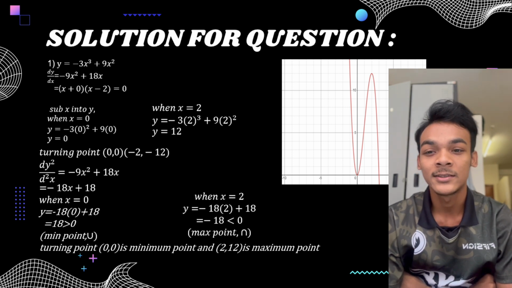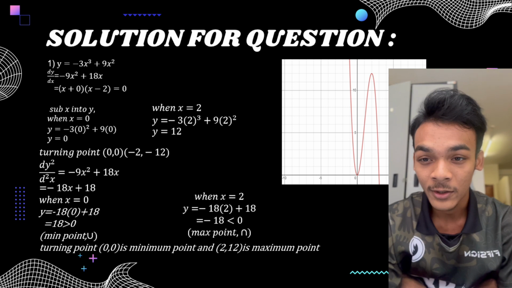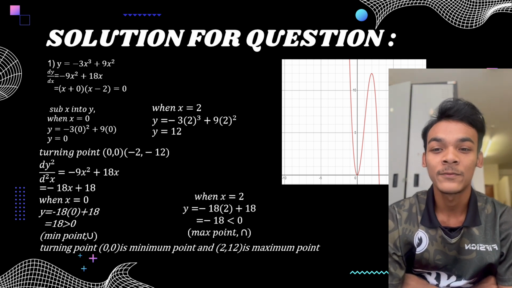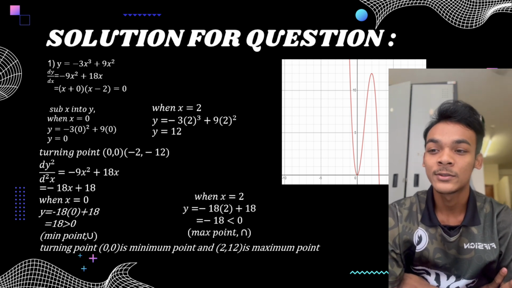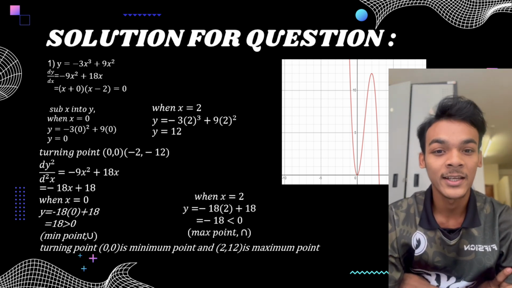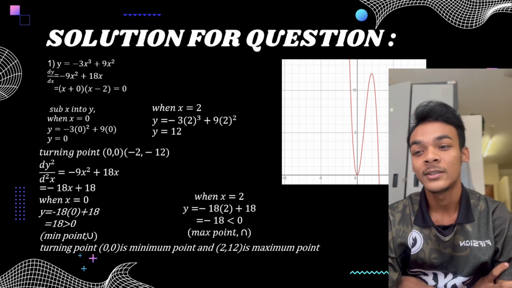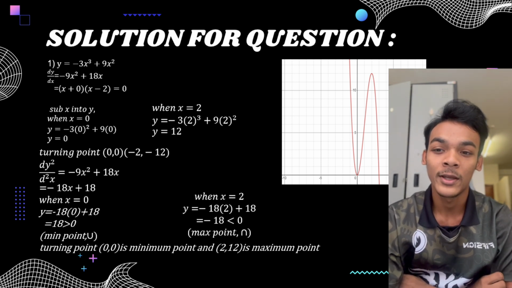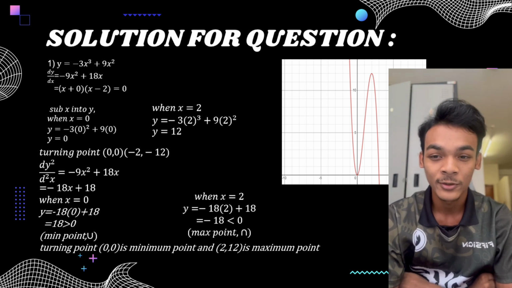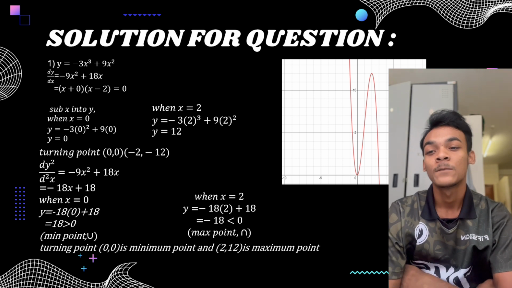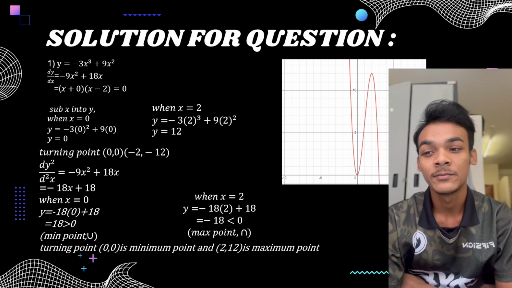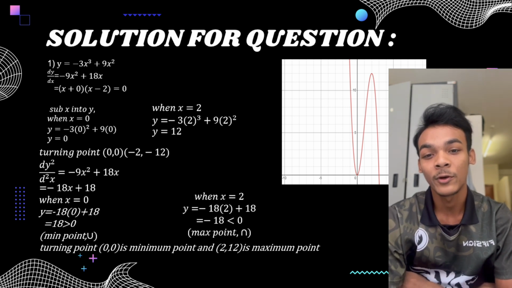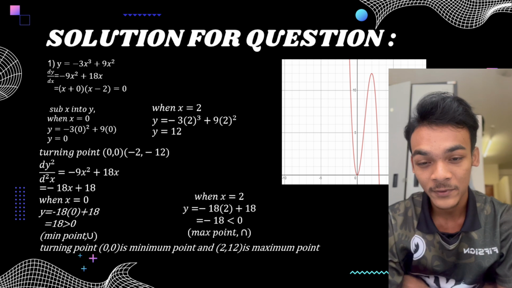And when x is 2, we get -18. When the value is 18, which is bigger than 0, it is a minimum point. And when it is -18, which is less than 0, it is a maximum point. So the turning point (0, 0) is a minimum point, and the turning point (2, 12) is a maximum point.